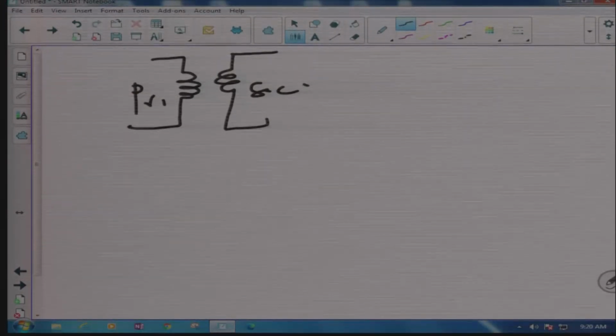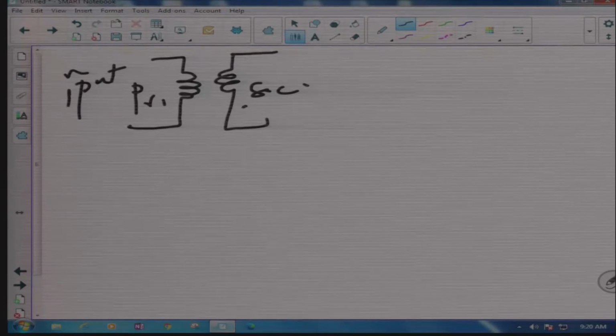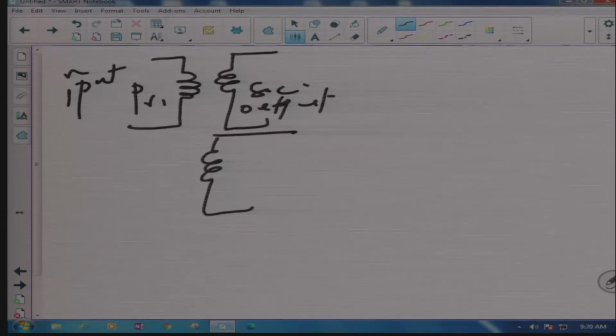This is our input, and this is our output. Now, very, very important, always look at the turns ratio. And again, very, very important, sometimes we have this type of transformer. I'm now going to show you the secondary side only.